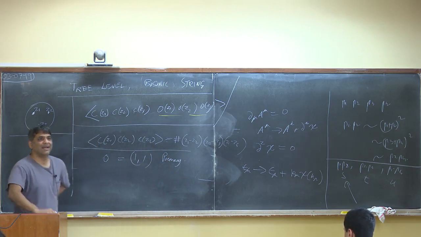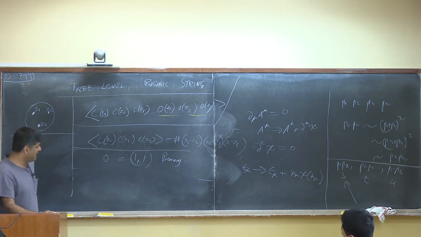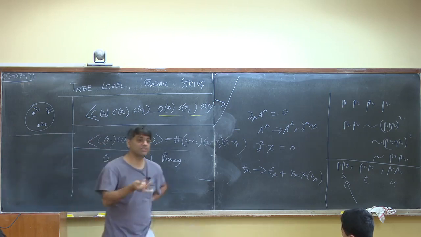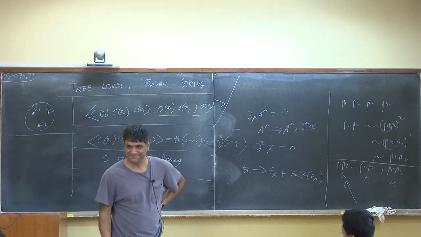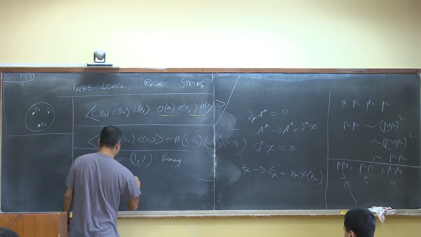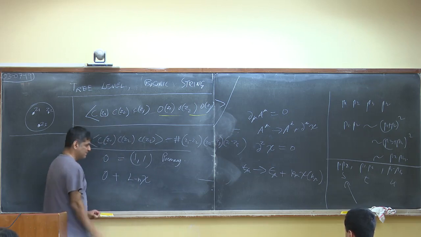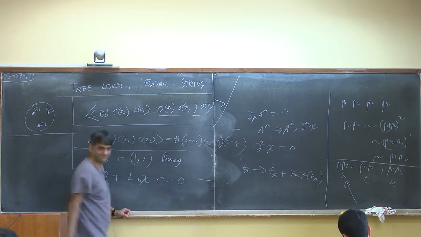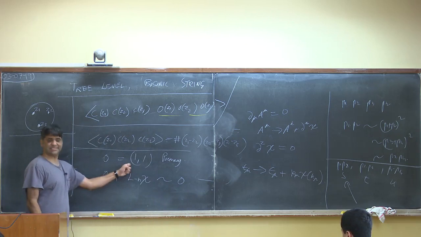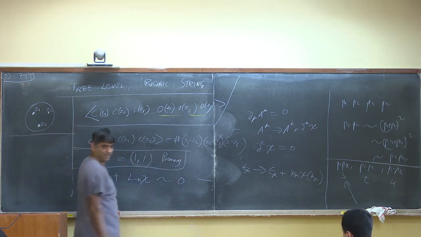And such that any operator, if there was a primary that was also a descendant, O plus L minus n of chi should be identified with O. The BRST closedness told us that O had to be a (1,1) primary.